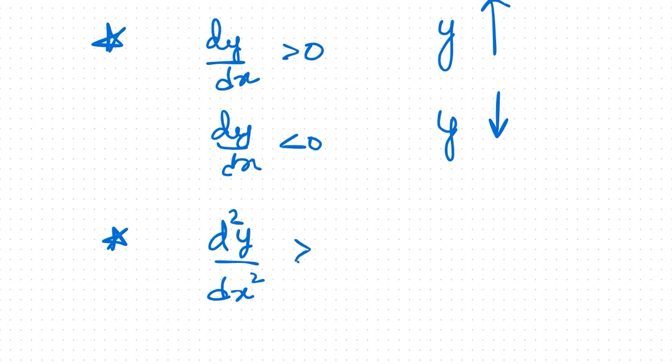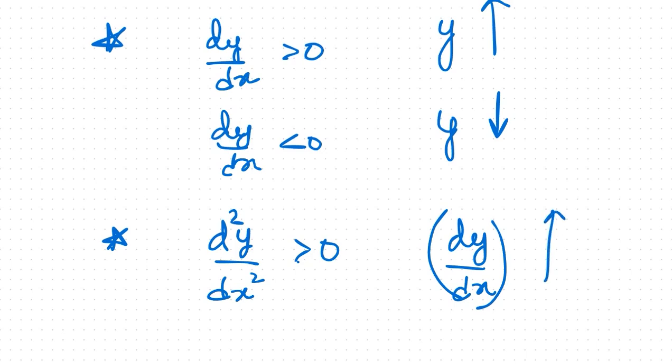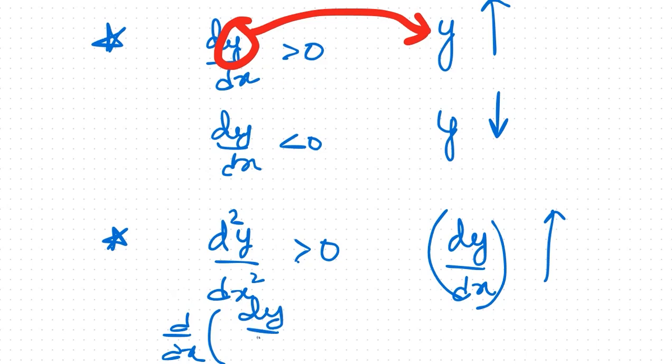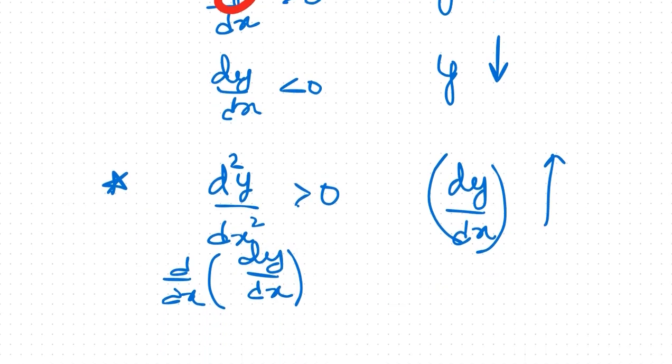If this value is positive, can I say dy by dx is increasing? Whatever is there here, if it is positive, this value is increasing. So d by dx of dy by dx is positive, so this quantity has to increase. You're getting the feel?